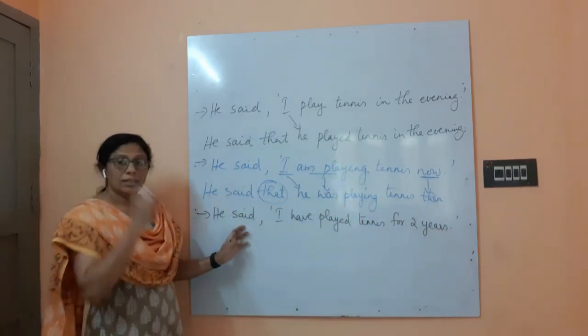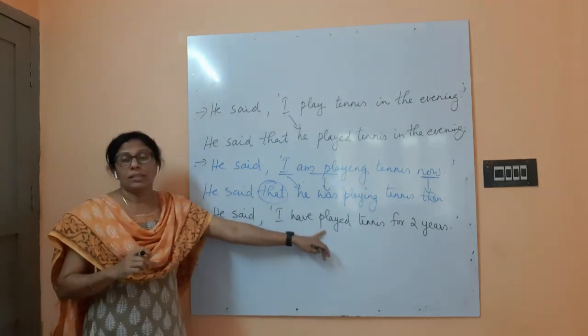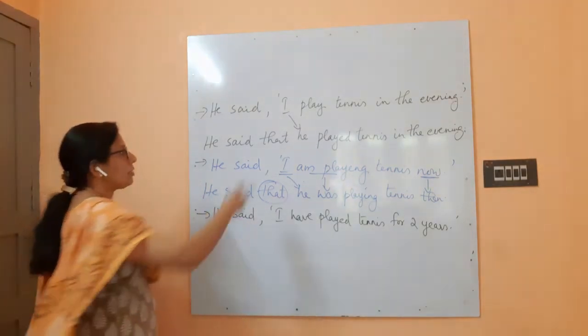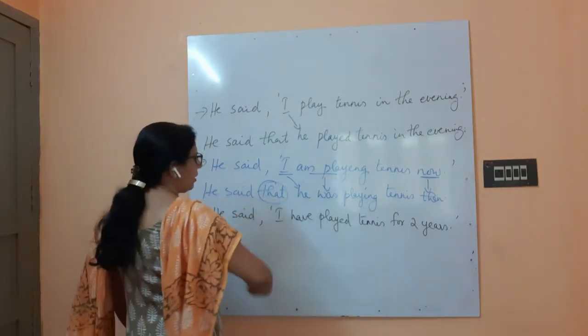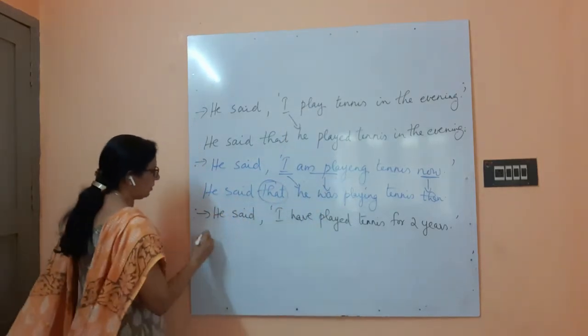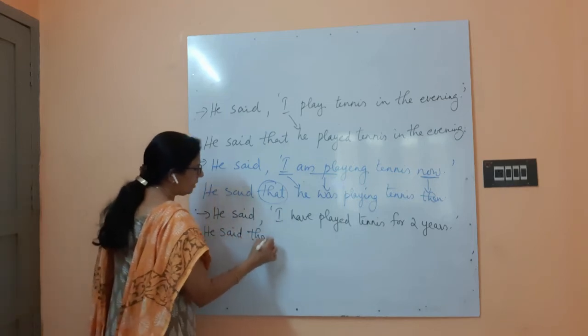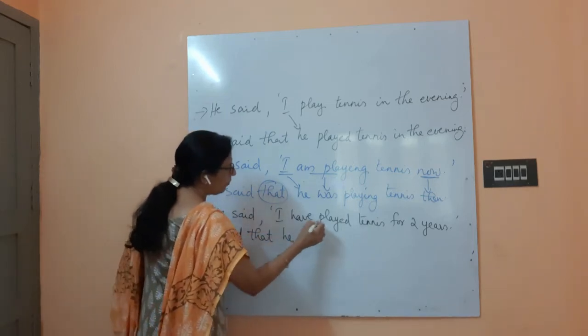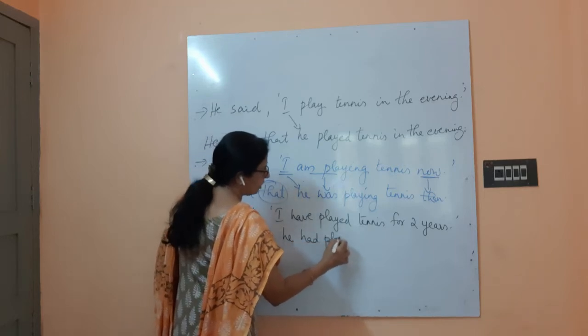Here we can see simple past is the reporting verb, and here it is present perfect. Simple present we have seen, present continuous we have seen. Now present perfect. How will you change this? He said that he have played, we change to had played, present perfect to past perfect.